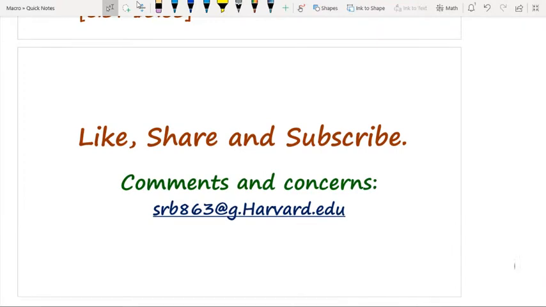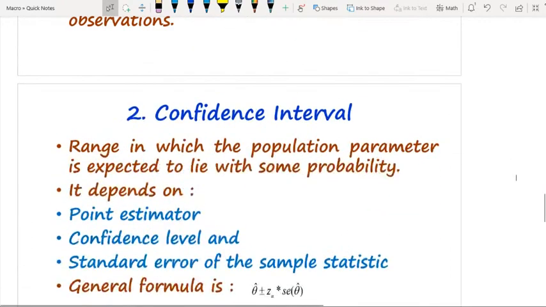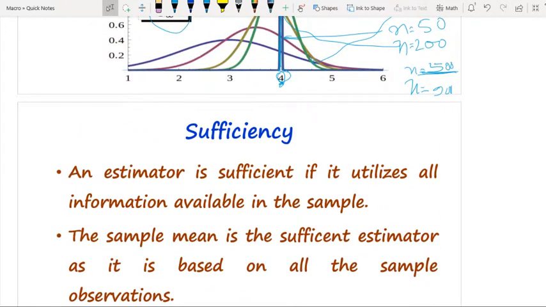This sufficiency property is very simple. It says that an estimator is sufficient if it utilizes all the information provided by the sample. For example, the sample mean. The sample mean is based on all the observations, so it utilizes all the available observations.